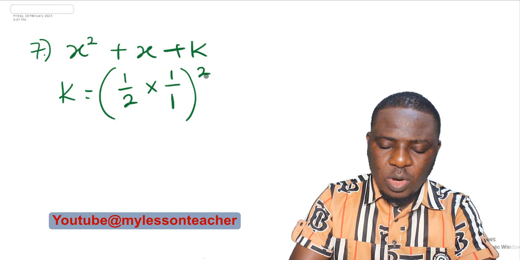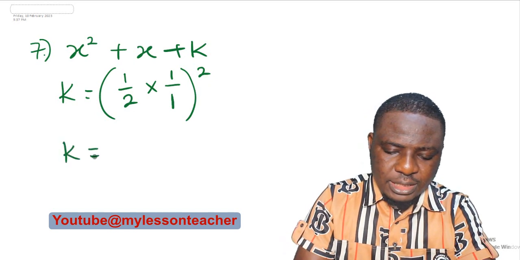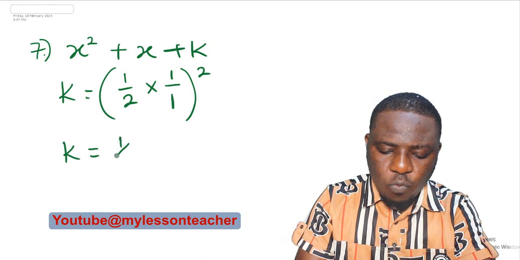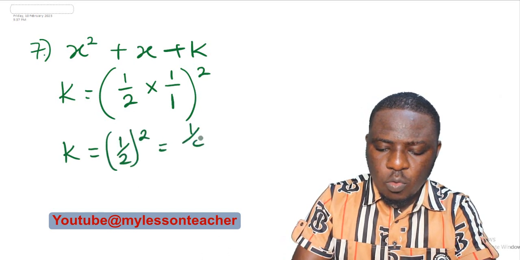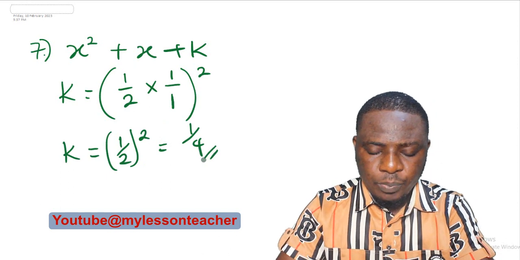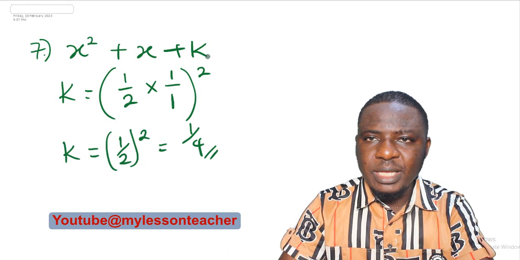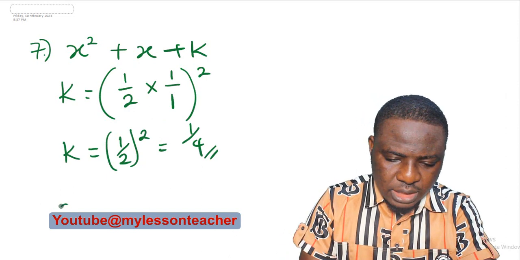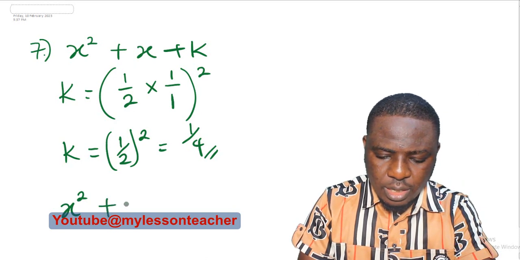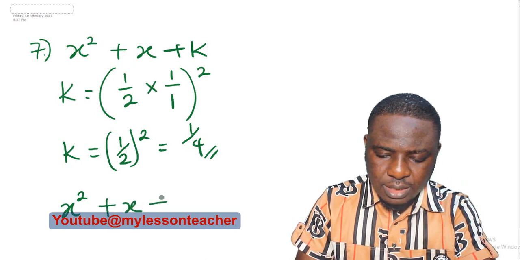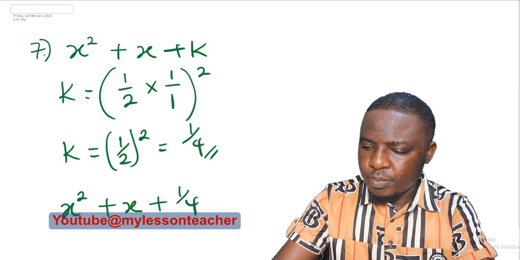So k is the square of half the coefficient of the middle term. So k in this case is half of 1, which is a half, which when squared gives you 1 over 4. So 1 over 4 is that term that must be added to this to make it a perfect square, so that this expression now becomes x squared plus x plus 1 over 4.